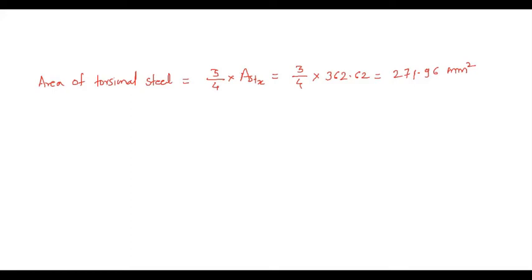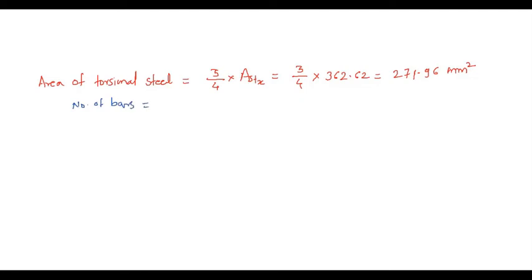So we will assume either we can go for same bar diameter, that is 10 mm, or since this area is a little bit less, that is 271, we can go for 8 mm diameter bars also. Okay. So we will keep it as 10 mm diameter bars. And now we will calculate the number of bars.